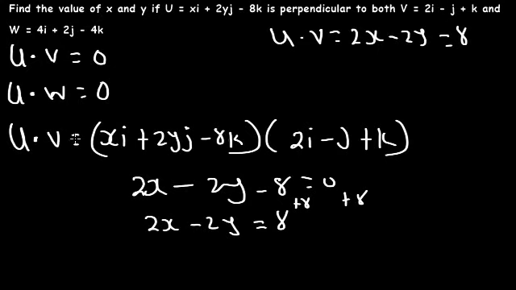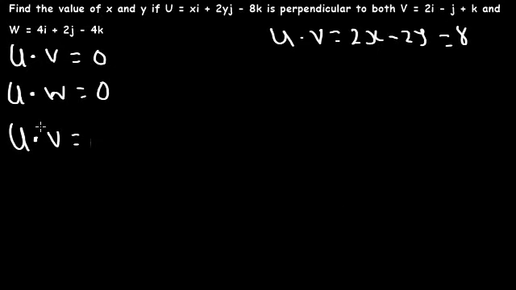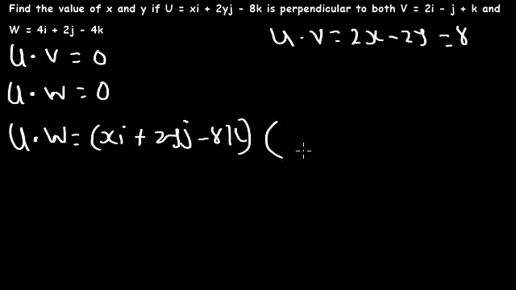Now, what will be u dot w? This will be nothing but xi plus 2yj minus 8k, multiplied by 4i plus 2j minus 4k.